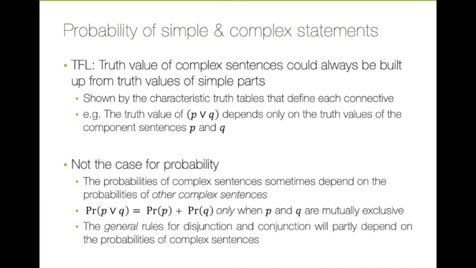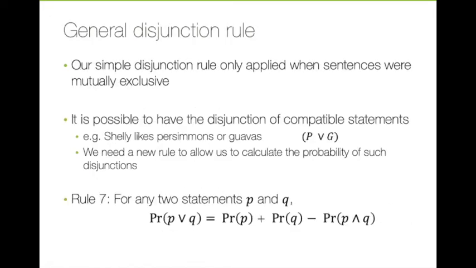And we're going to look at the general rule for disjunction now. So while our simple disjunction rule only applied when sentences were mutually exclusive, our general disjunction rule will apply anytime. Because it is possible to have the disjunction of compatible sentences, sentences that aren't mutually exclusive.